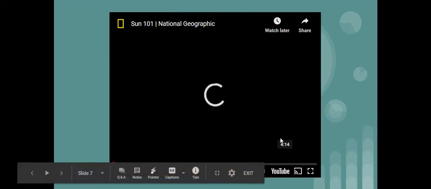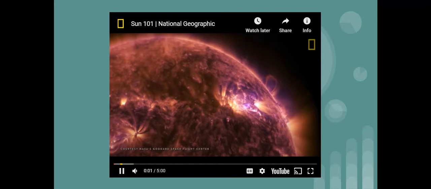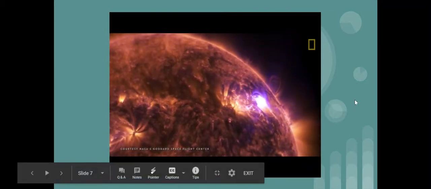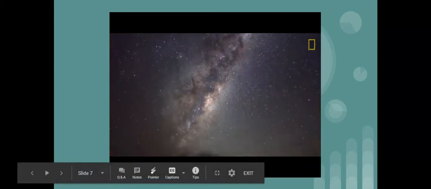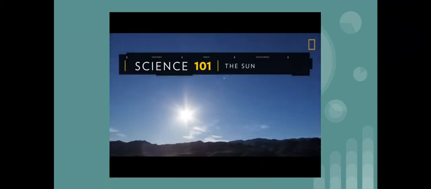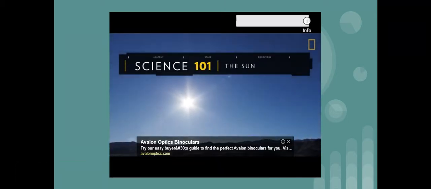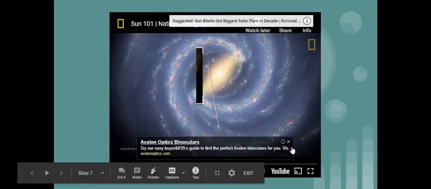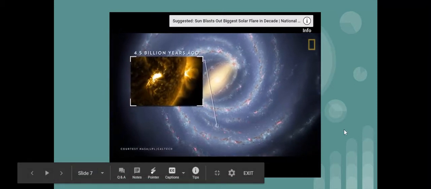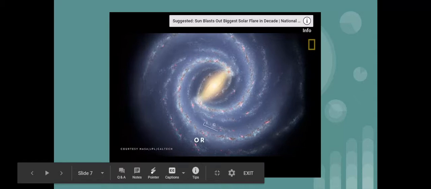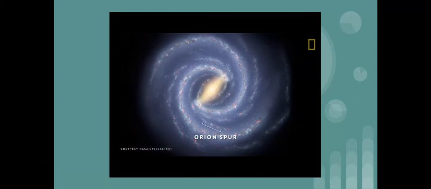The sun. While billions of stars are scattered throughout the universe, the one at the center of our solar system plays a special role for us here on Earth. Our sun formed about 4.5 billion years ago in the Milky Way galaxy's Orion Spur.